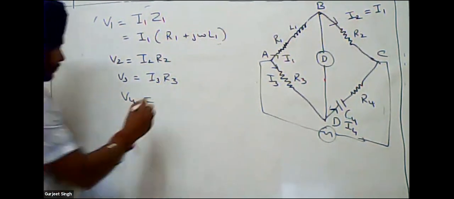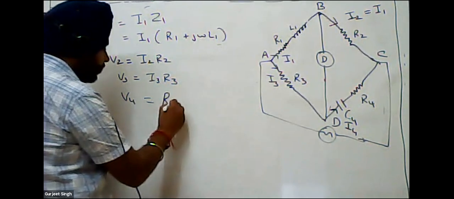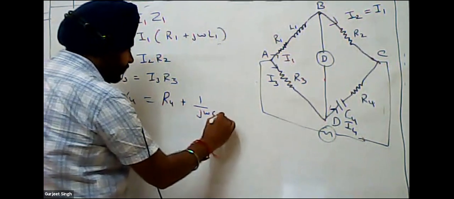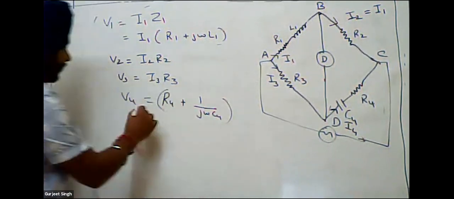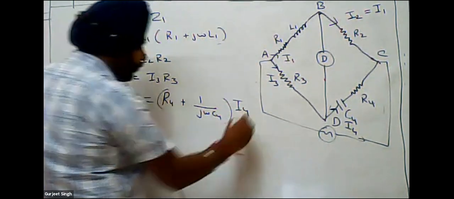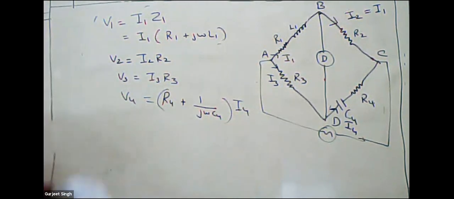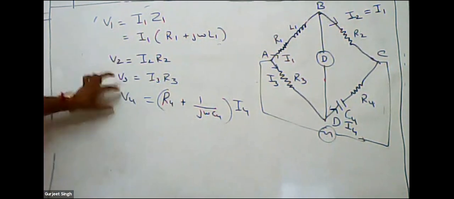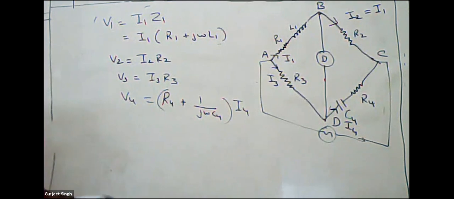So we will write down R4 plus 1 upon J omega C4. This is our V4 voltage and the current flowing is I4. Okay, so we will write V1, V2, V3, V4. We have written down all the voltages across each arm.